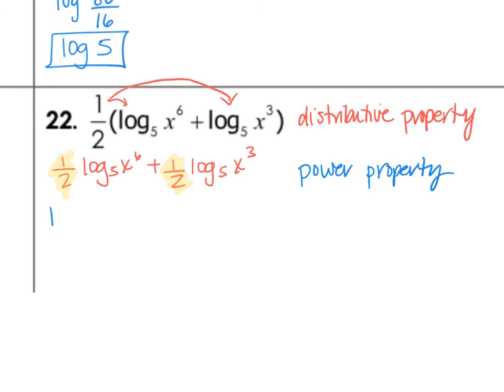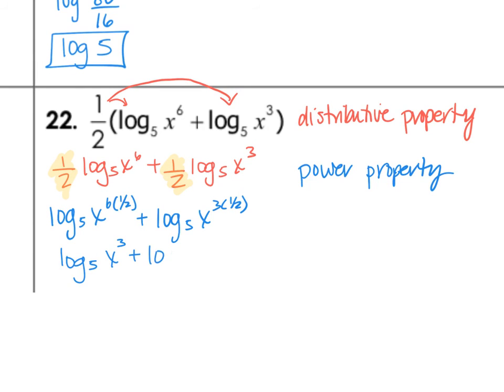And I can write this as log base 5 of x to the 6th times 1/2 plus log base 5 of x cubed times 1/2. And that will reduce to log base 5 of x cubed plus log base 5 of x to the 3/2.